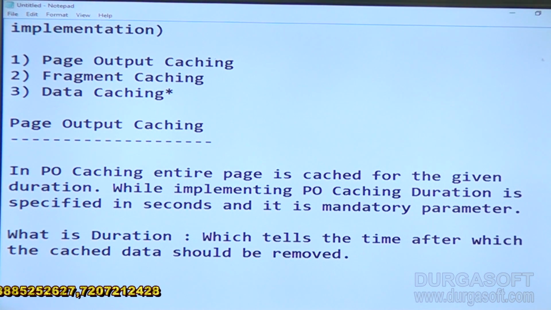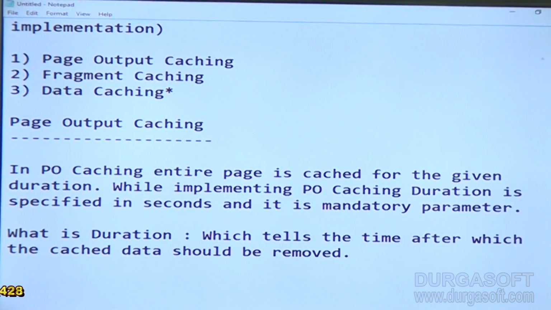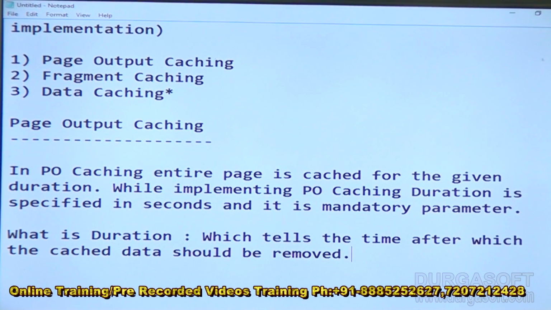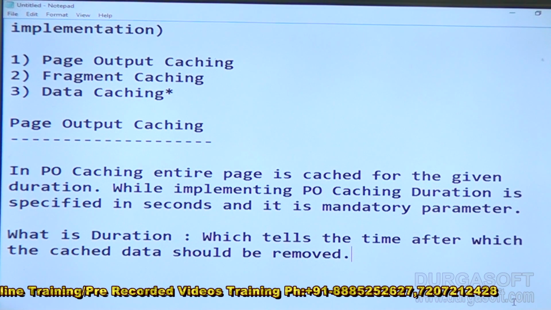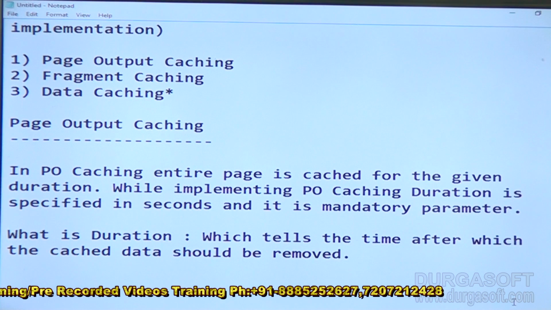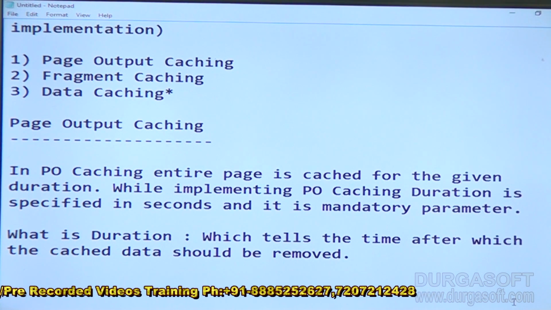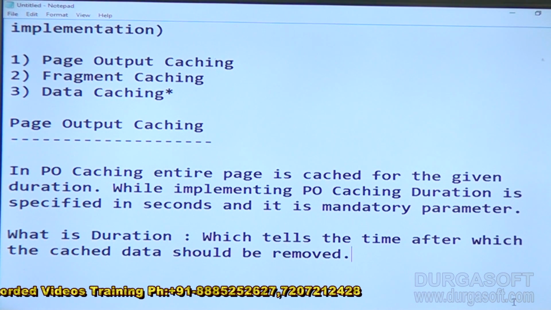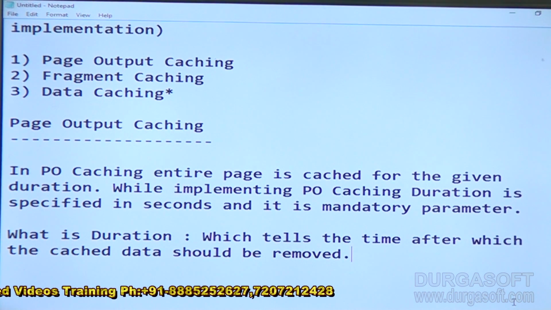Please remember, many will think that I gave 1 minute, so after 1 minute it will automatically renew. No. Renewal is our job. What is the meaning if I have given 1 minute? Till 1 minute it is there. After 1 minute it will expire. Thinking that after 1 minute it will automatically load is wrong, I am telling you.